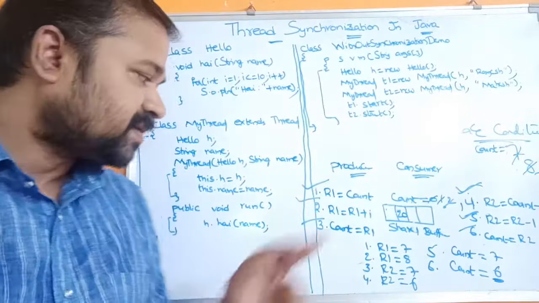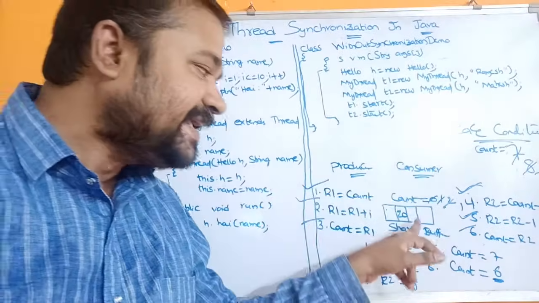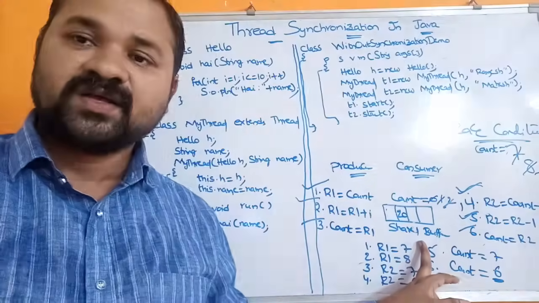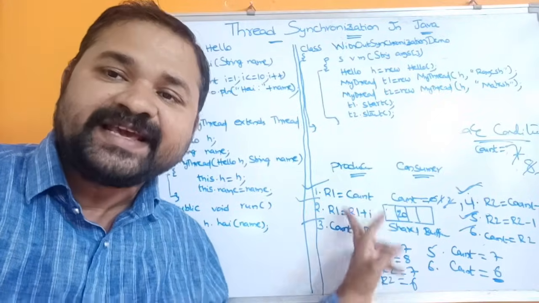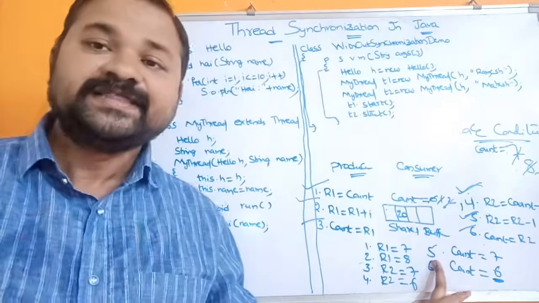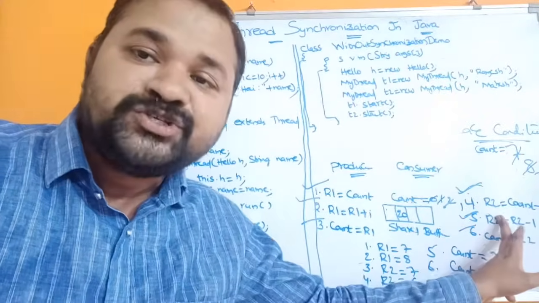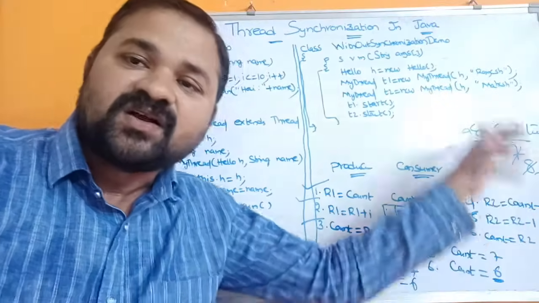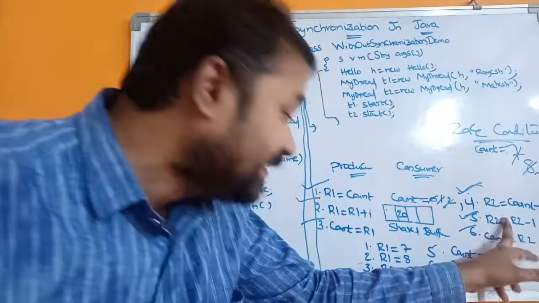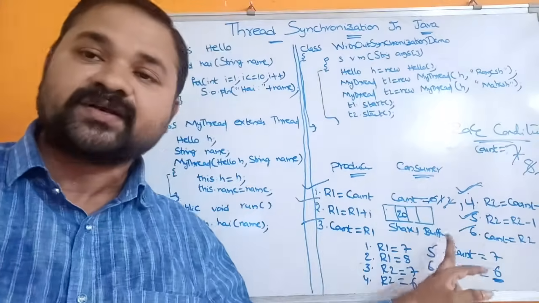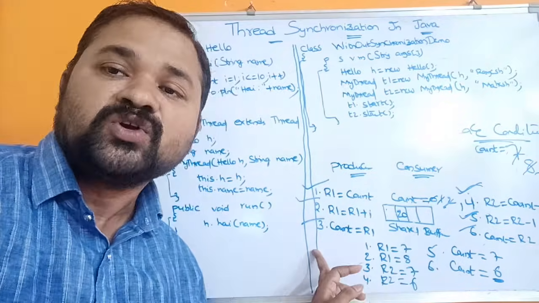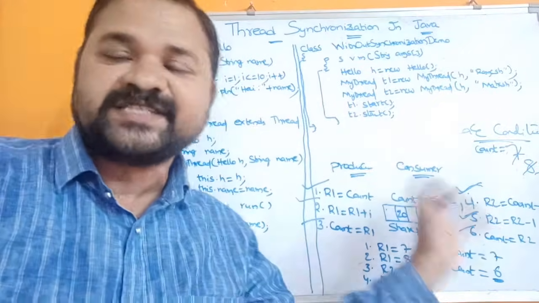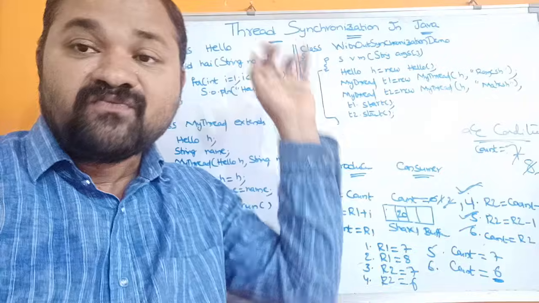While the producer thread is accessing the shared buffer, we should not allow the consumer thread to access this buffer. Likewise, when the consumer thread is accessing the shared buffer, we should not allow the producer thread to access it. Then this problem won't arise.